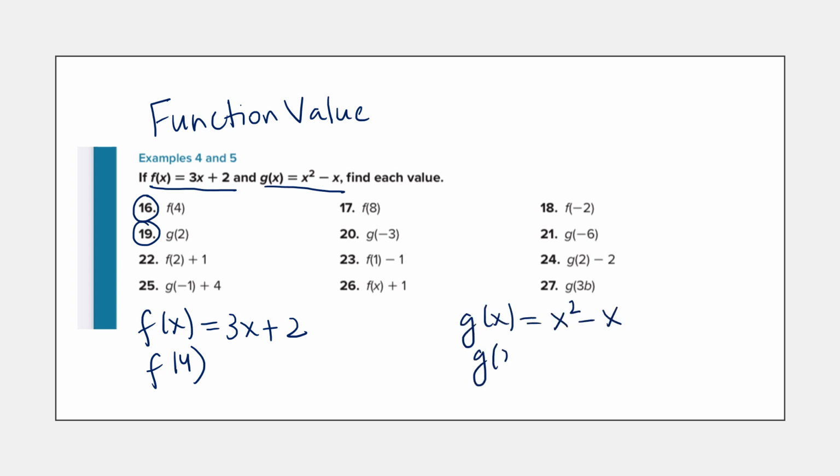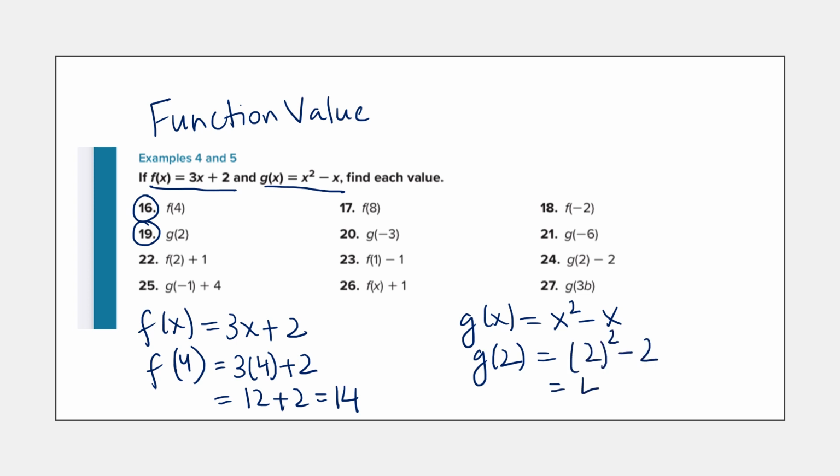Let's find g of 2. So what do we do? We substitute this value inside x. Where there is x, you plug in 4 and get your answer. So 3 multiplied with 4 is 12 plus 2. So this is 14. Similarly, 2 square minus 2 is equal to 4 minus 2 equal to 2. So this is how you get the value.